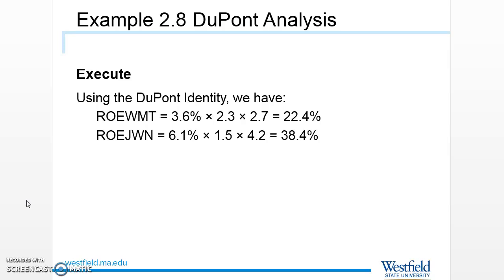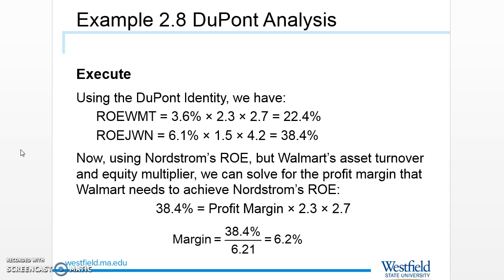But the other thing we can do is we can look at Walmart and say, what would we need to change either the profit margin to or the asset turnover to in order to raise ROE to be as high as Nordstrom's, right? So in which dimension and by how much would Walmart have to improve to have the same kind of returns that Nordstrom offers? Right, so in this case, we can solve for the profit margin Walmart would have to have. And in this case, in order for Walmart to match Nordstrom's ROE, they'd have to raise their profit margin to 6.2%.